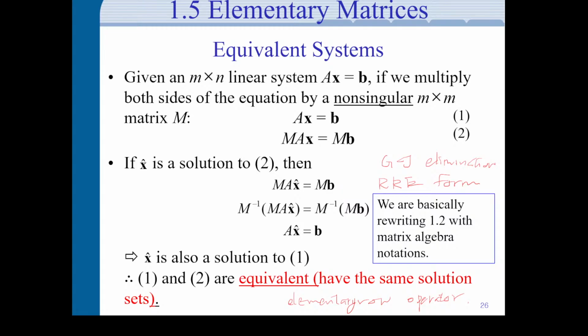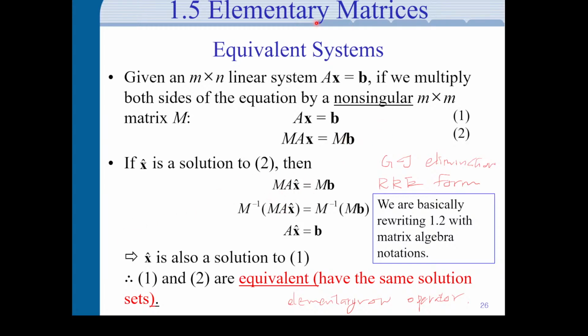Some other books use a hat as the notation for a vector, but for our notation there should be no hat, so let's pretend the hat doesn't exist here. And then we need to make sure that multiplying by this matrix M doesn't give us more solutions, basically.